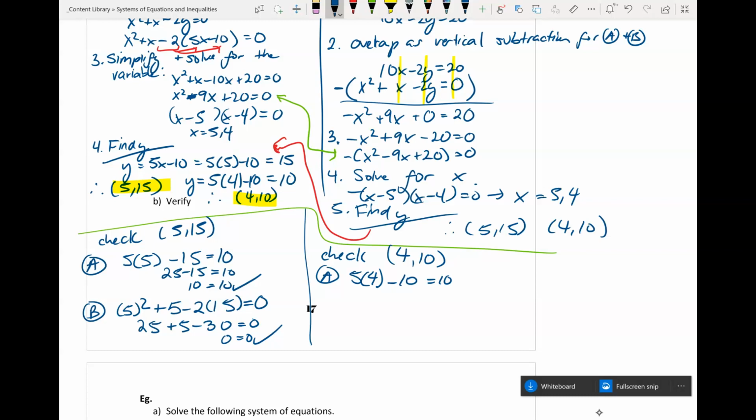This is 20 minus 10, which is still 10, so it works for equation A. Then we'll check it for B. Equation B is x squared, so that's 4 squared, plus x, which is 4, minus 2 times y, so 2 times 10, this should be 0. You have 16 plus 4 minus 20, that's 20 minus 20, which is 0. So it works out for both (5, 15) and (4, 10).